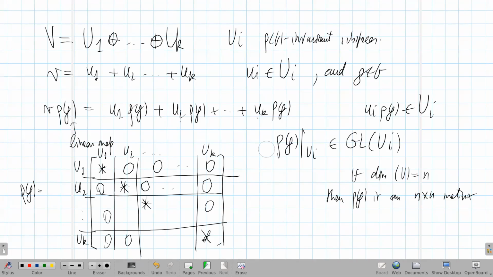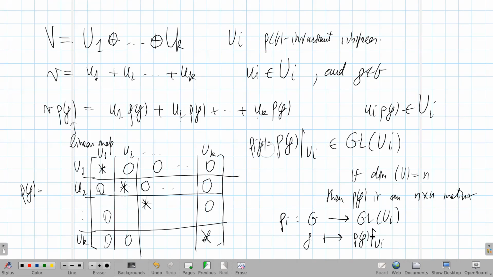Consider rho I from G to GL(U_I), which you obtain by taking g, applying rho G, and restricting to U_I. So this is rho I of g.